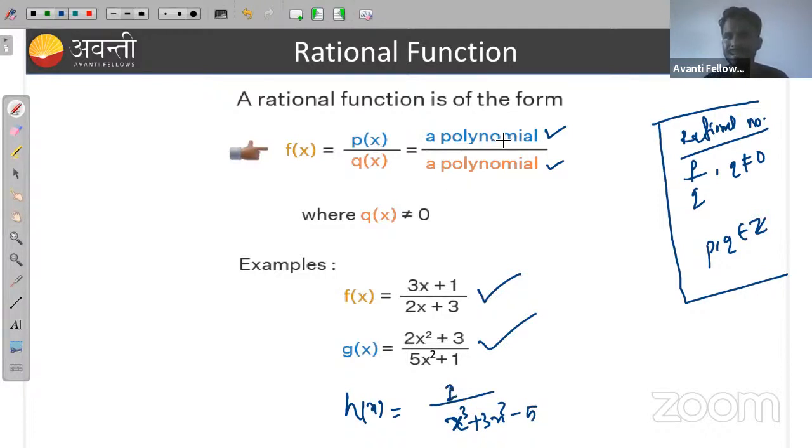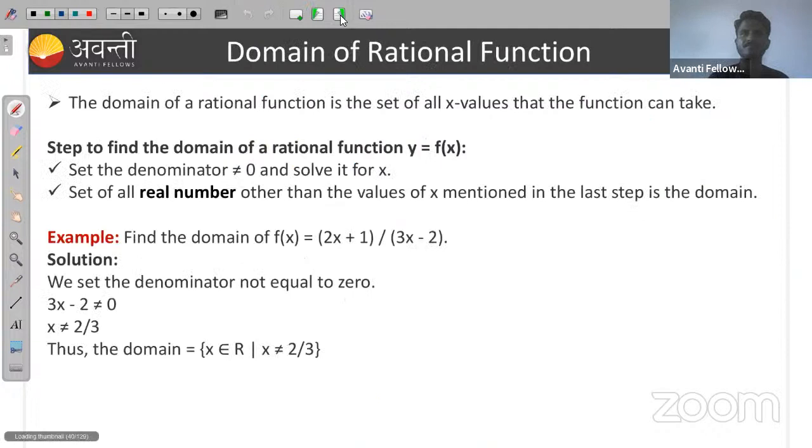The only thing is that it must be a polynomial. There is no restriction on degree, nor must the numerator and denominator degrees be equal. There is nothing like that, okay? I can take any random polynomial in the numerator and any random polynomial in the denominator, irrespective of degree. So I hope you understood what a rational function basically is.